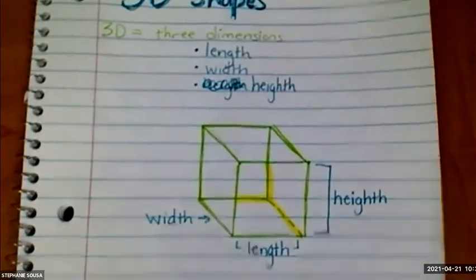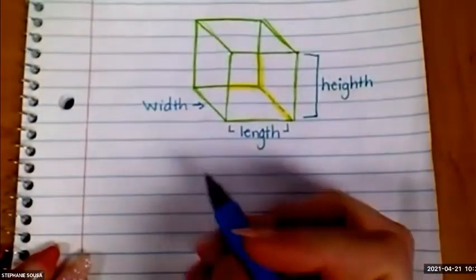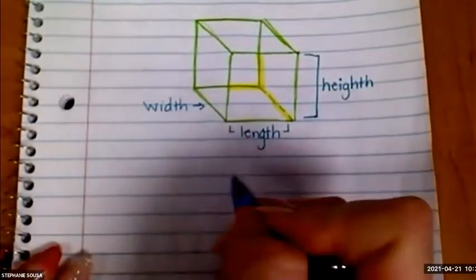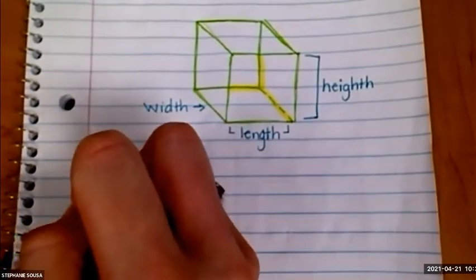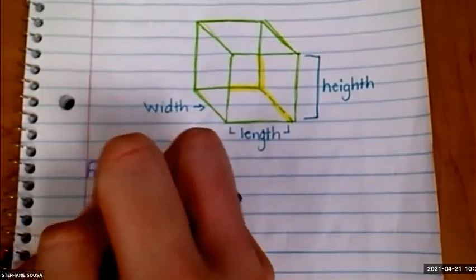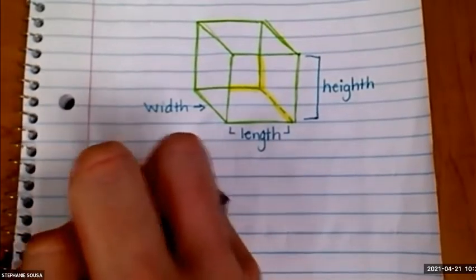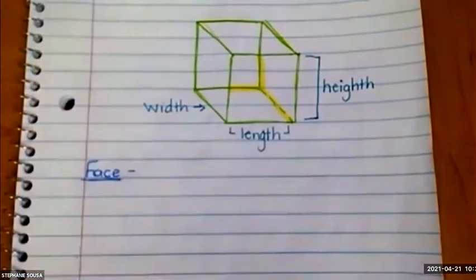The first word that we are going to add is face, F-A-C-E. E spells face, and that's me. Face. Okay.